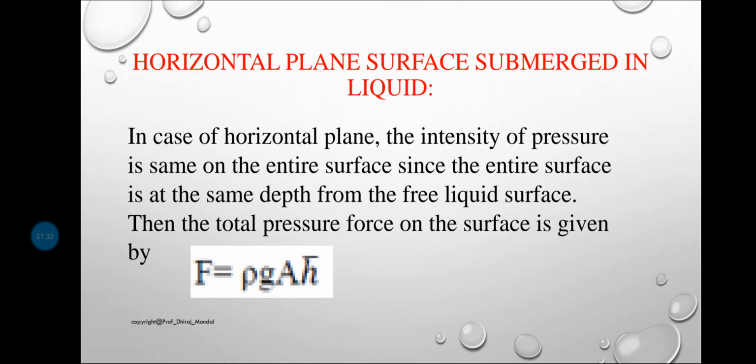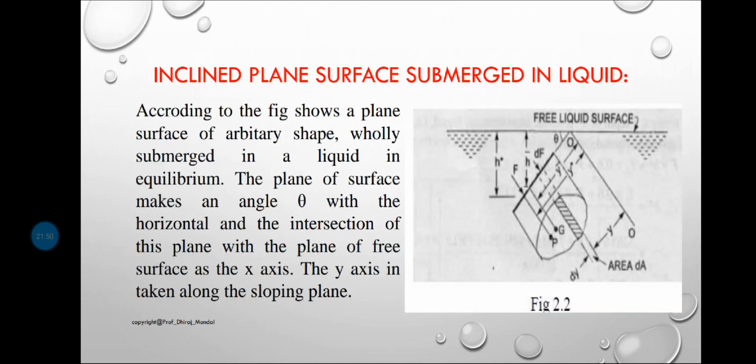Nothing will change. In case of a horizontal plane, the intensity of pressure is the same on the entire surface, since the entire surface is at the same depth from the free liquid surface. Then the total pressure force on the surface is given by rho g A H bar. Basically here the center of pressure and center of gravity will lie at the same point.